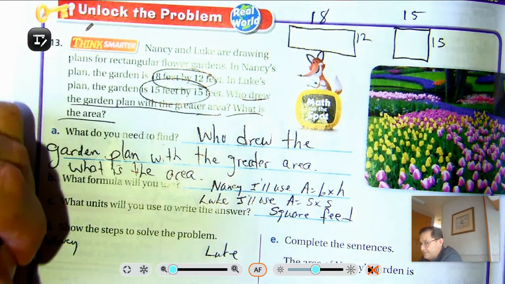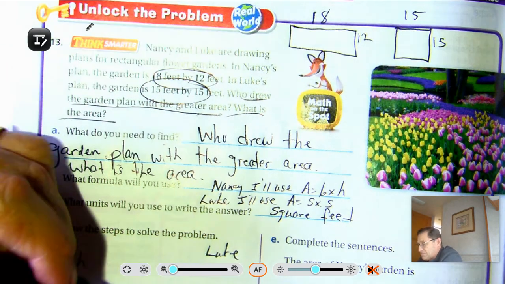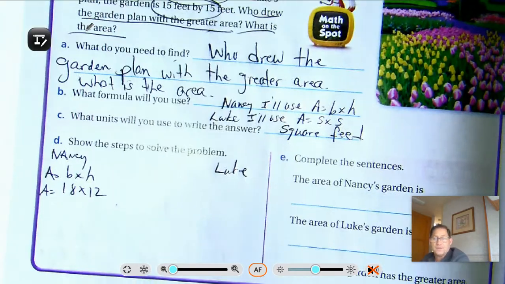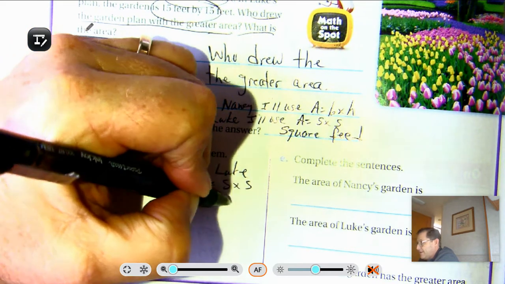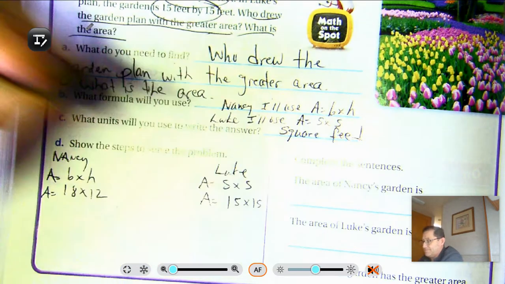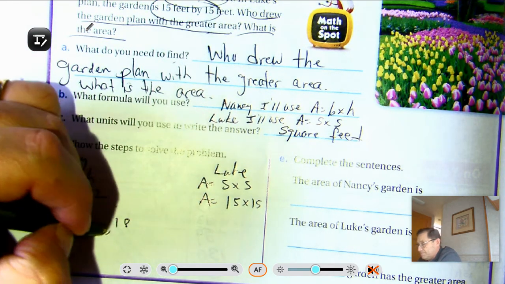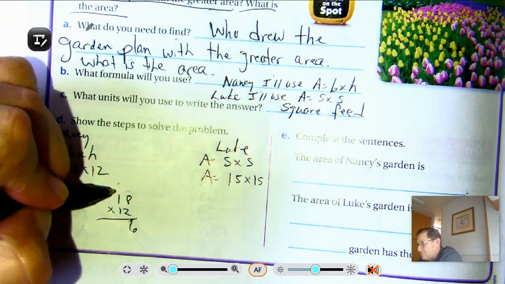All right, so Nancy, Luke. Nancy is area equals base times height. Her base, 18, and her height, 12. Luke's area equals side times side. His area is 15 times 15. All right, so what is 18 times 12? 2 times 8 is 16 ones.